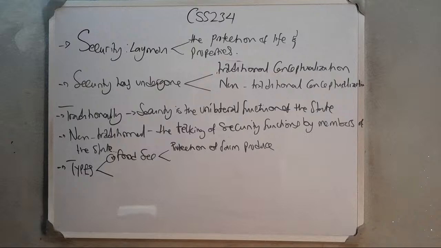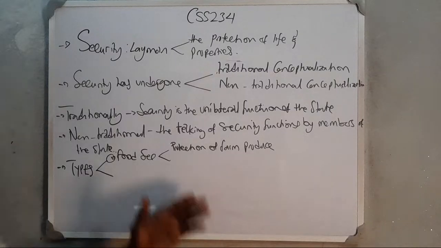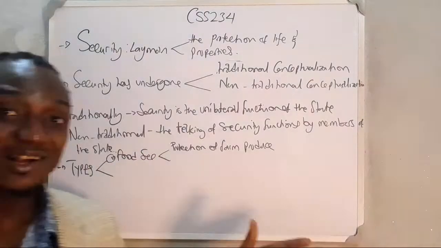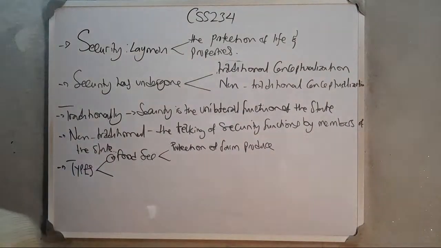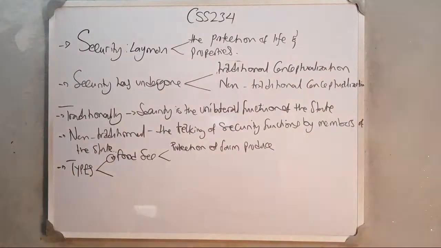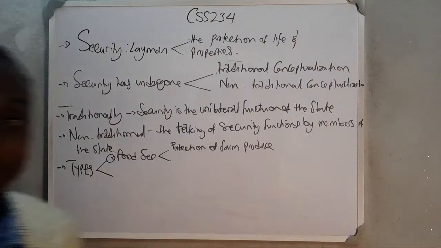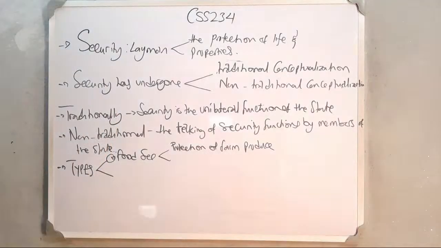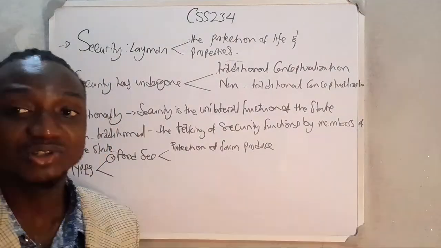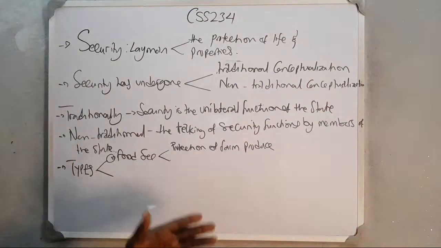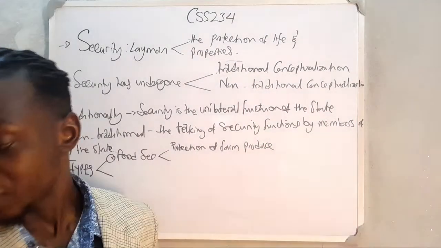So that's one thing about that. Like I said, it is protection of farm produce, and this has to do with regulating imports and exports, and also providing security for farmers. Everything that has to do with the protection of farm produce, anything that has to do with food in the state.